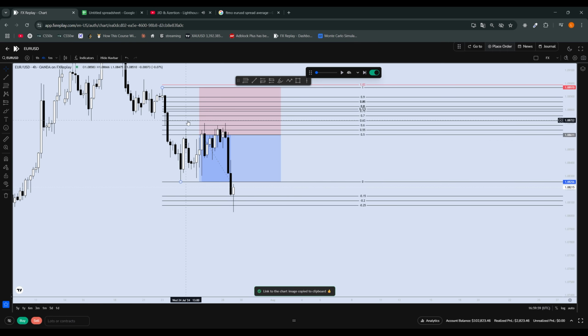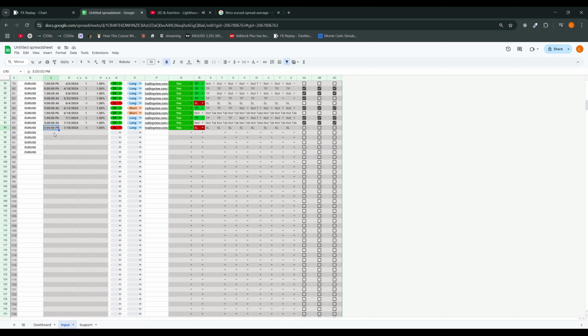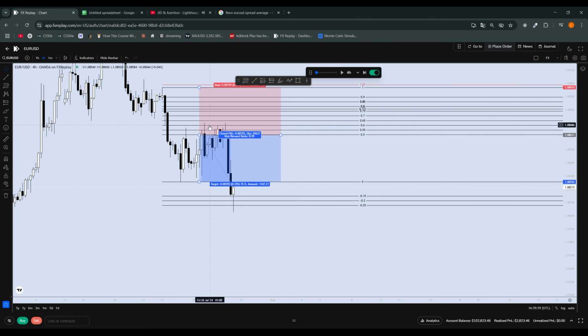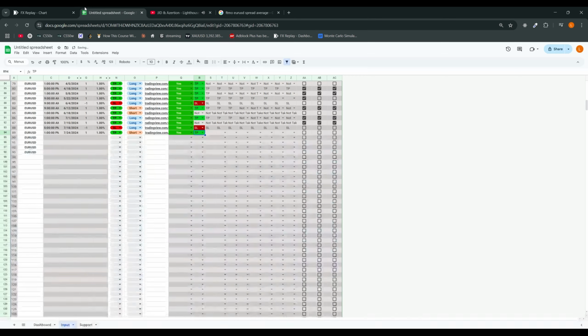Tagged in on the 24th of July at 1 p.m. Okay. So this is a take profit. It was a short position.